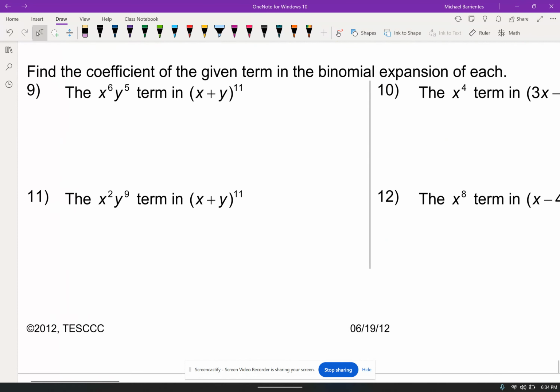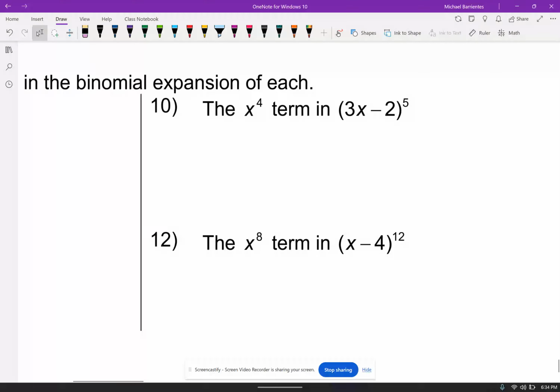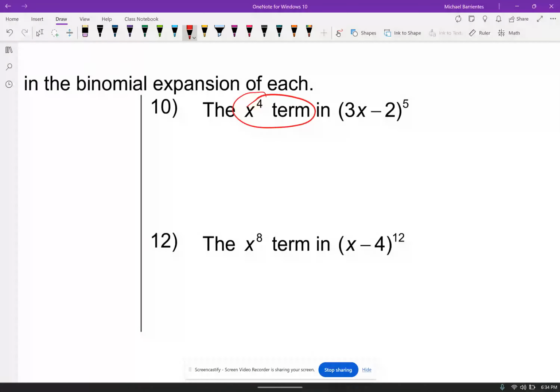But I want to jump to let's do number 10. Number 10 says, we don't want to expand it. We just want the x fourth term. So I want the term that's going to have x to the fourth in it.